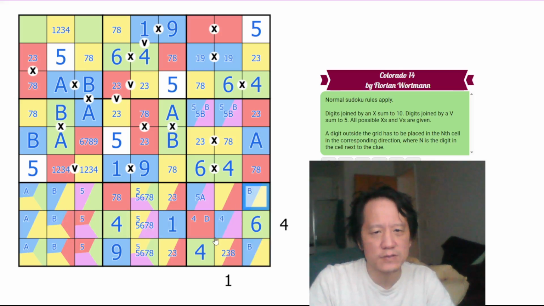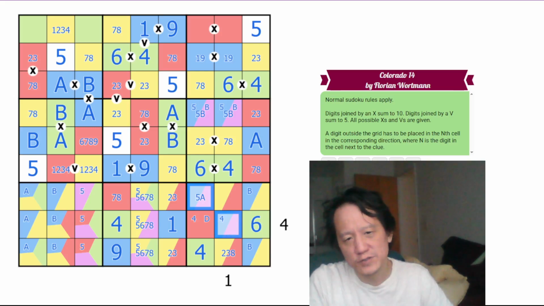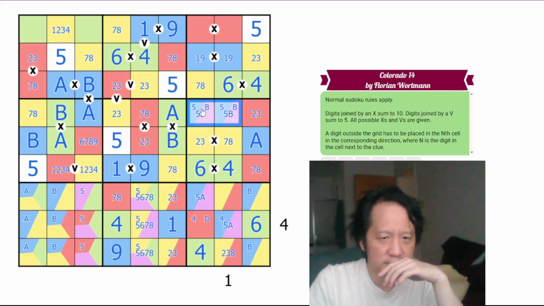Don't know about these. This is a blue-pink pair, but we don't know which one's which. We do know this is the A version, so this is 5A. But that doesn't help much.